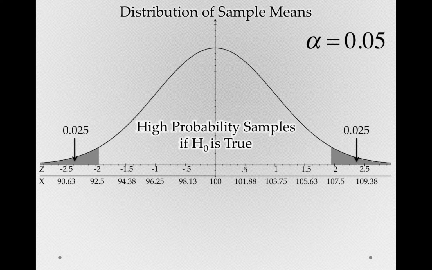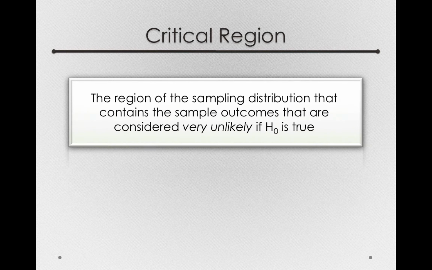What we've just drawn out is called the critical region of the sampling distribution. That is, the region of the sampling distribution that contains the sample outcomes that are considered very unlikely if the null hypothesis is true. And very unlikely here means unlikely enough, where if we get one sample, our single sample, in one of those critical regions, we're willing to reject as reasonable the null hypothesis.